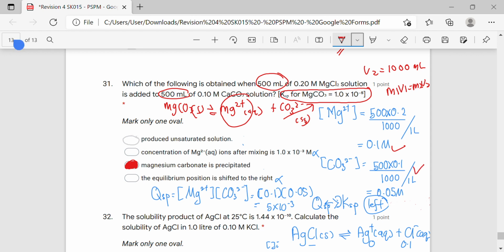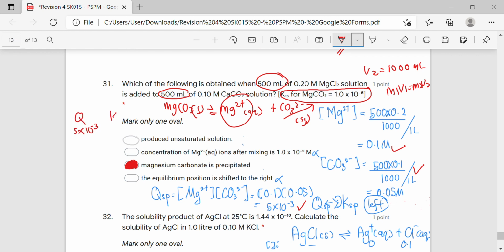Okay, then substitute dalam expression QSP, Mg2 plus, CO3 2 minus. Okay, so dapat QSP 5 exponent negative 3. So bandingkan dengan KSP yang dia bagi.